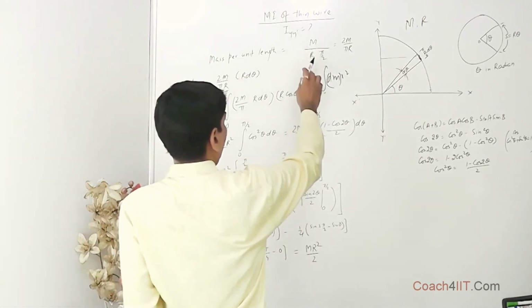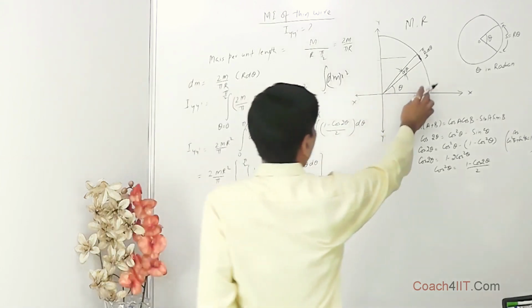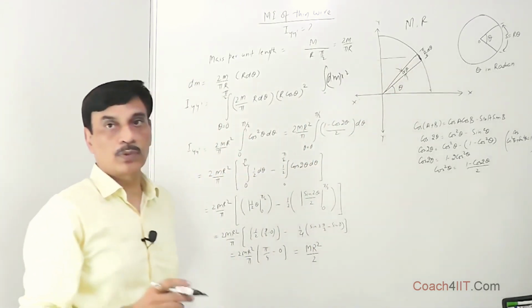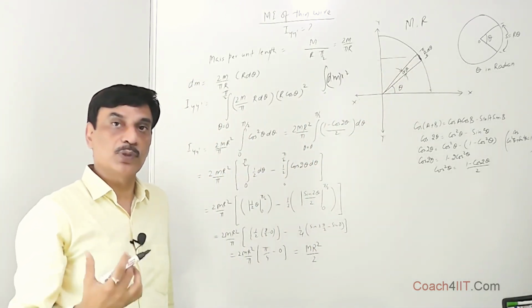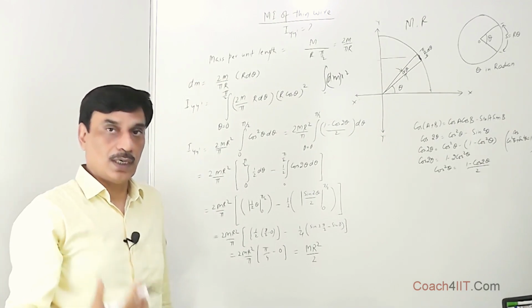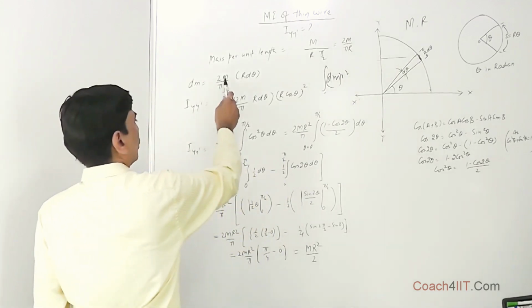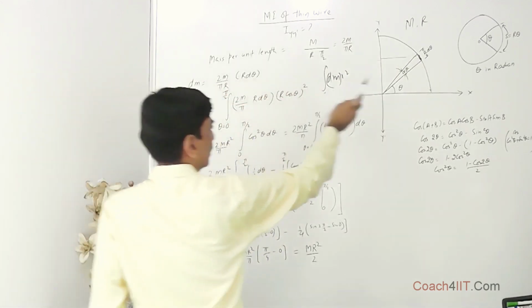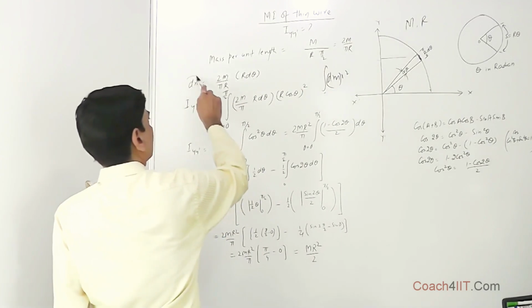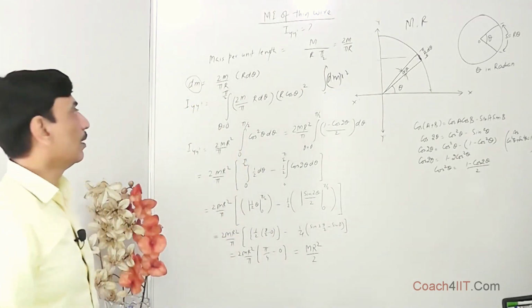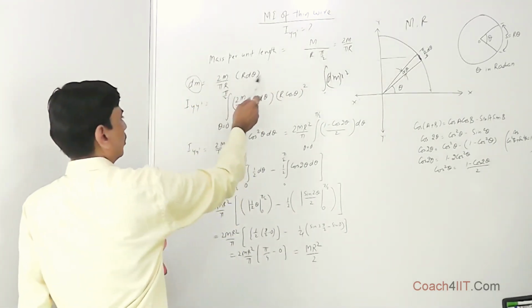The mass is distributed over length, not area, so we talk about mass per unit length. Now dm is mass per unit length into length, so dm is 2m upon pi r into r d theta.